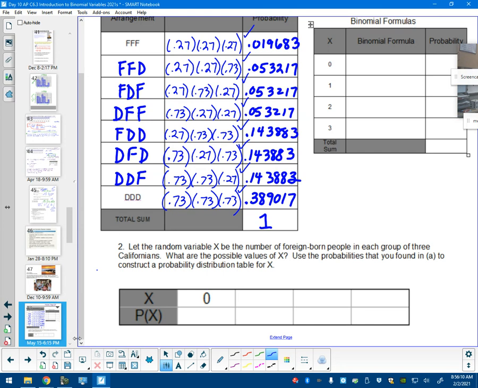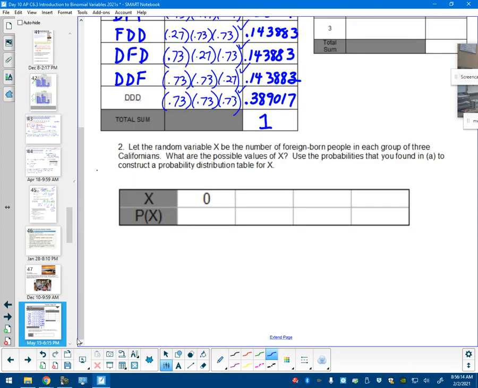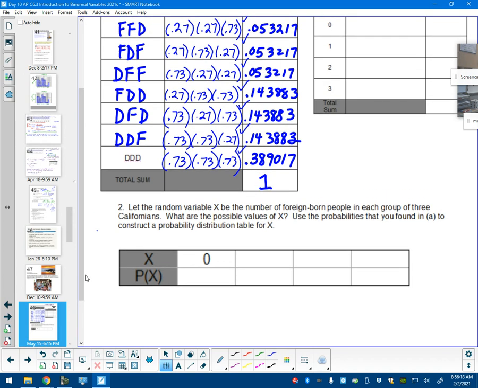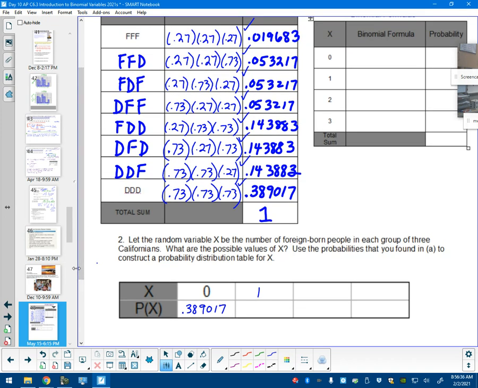If there are no foreigners, what is that probability? So if X is the number of foreign-born people, on that chart above, if we get no foreigners, what is the answer, Nathan? 0.389017. Mm-hmm. If I get 1 foreigner, then that is these 3 combined.